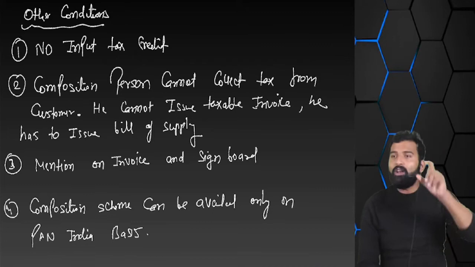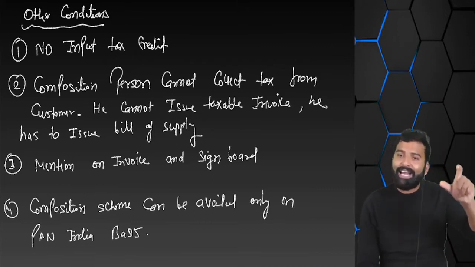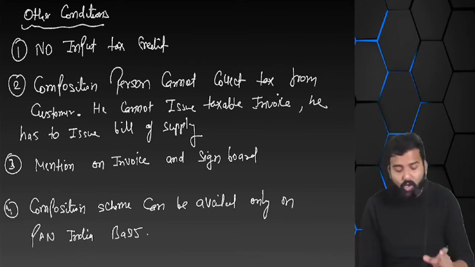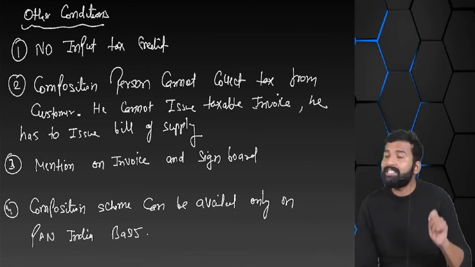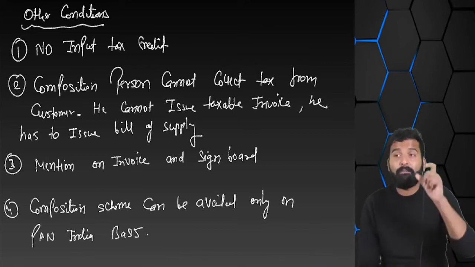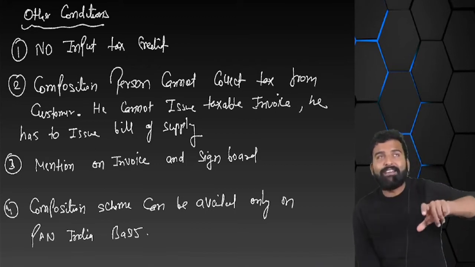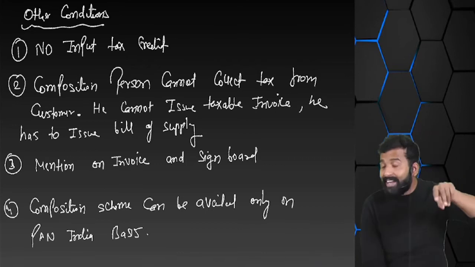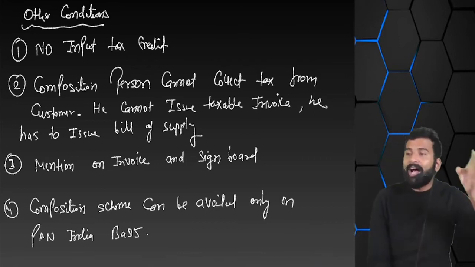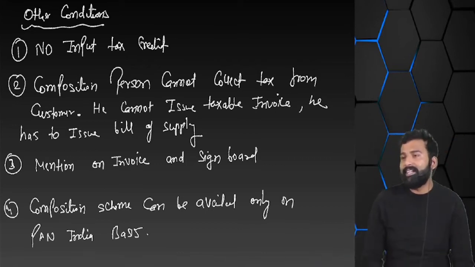So the aggregate turnover we are calculating should be on pan-India basis, not on branch basis or state basis. This composition scheme is not for a branch, it is for a person. So if a person is having two branches, one in Bangalore and one in Maharashtra, then the turnover of both the branches should be included while calculating aggregate turnover.